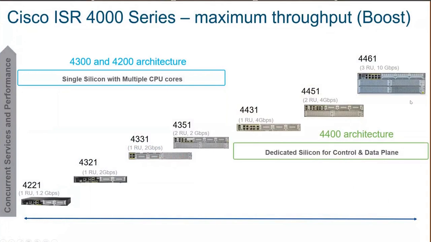So the throughput increases, and it has a dedicated ASIC for control and data plane. And these devices, 4400 family, 4300 and 4200, they have a single silicon with multiple CPU cores. So that is the difference. Since they have dedicated silicon, they provide a higher throughput facility.